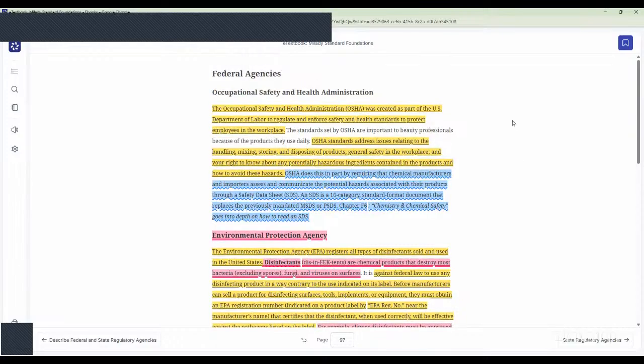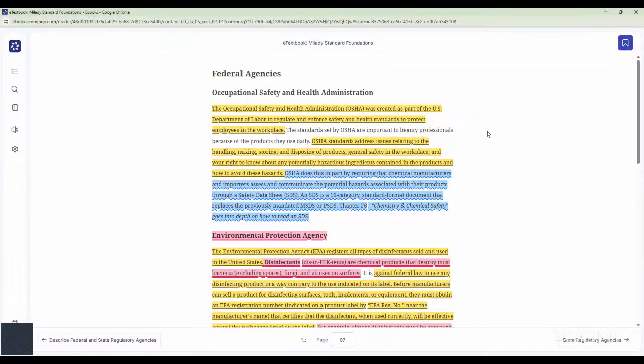Okay, so already highlighted, already bookmarked: Occupational Safety and Health Administration. Honestly, you guys need to understand what OSHA means and what EPA means, because somebody may say "Occipital Safety and Health Administration." No. You need to know that OSHA means Occupational Safety and Health Administration.